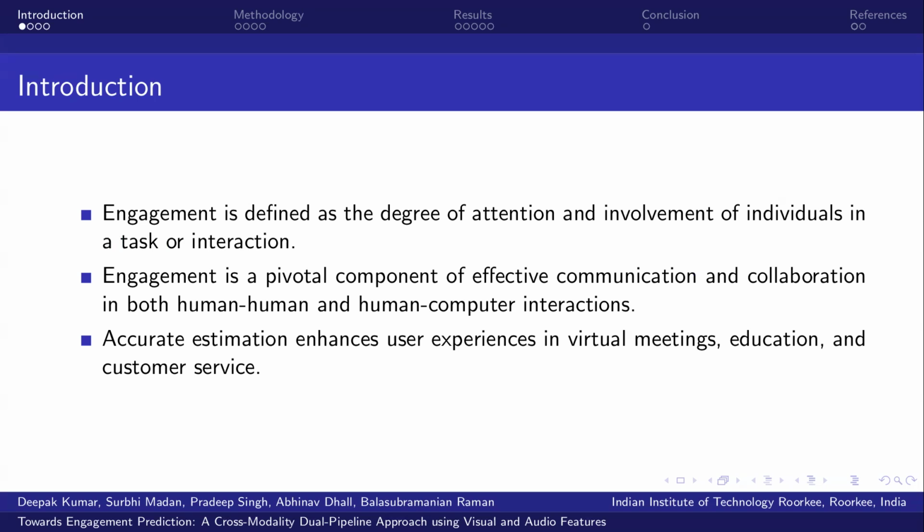Engagement plays a vital role in effective communication and collaboration, both in human-human and human-computer interactions. Accurate estimation of engagement is essential to enhance user experiences in areas such as virtual meetings, education, and customer services. However, due to the dynamic and context-dependent nature of human behavior, engagement estimation remains a complex task.